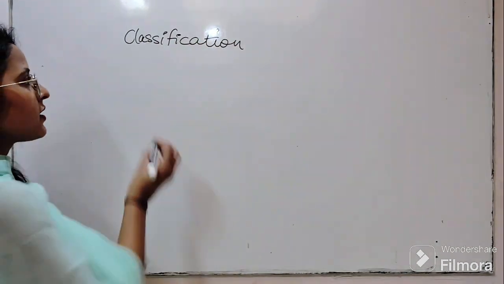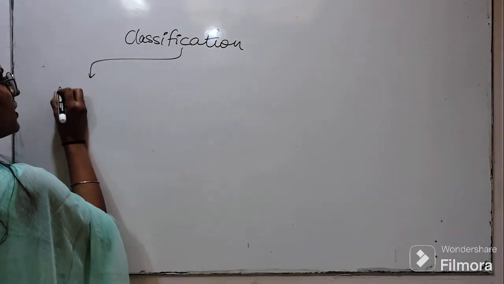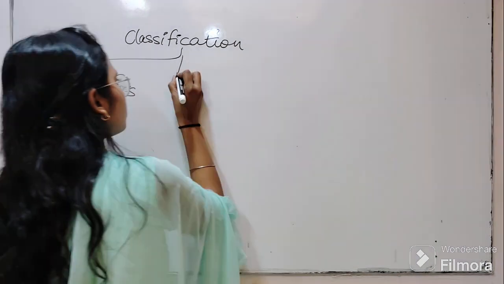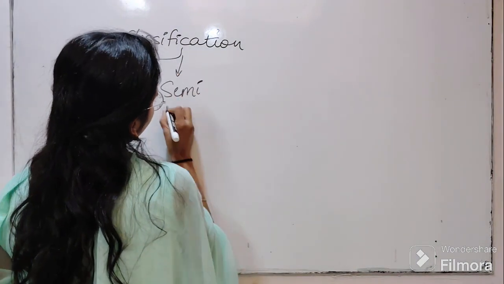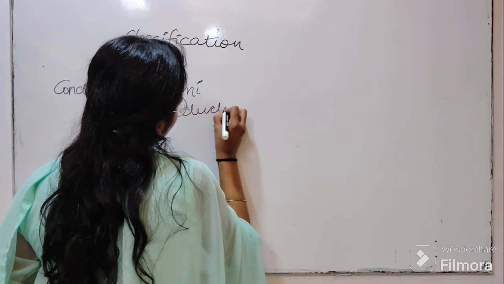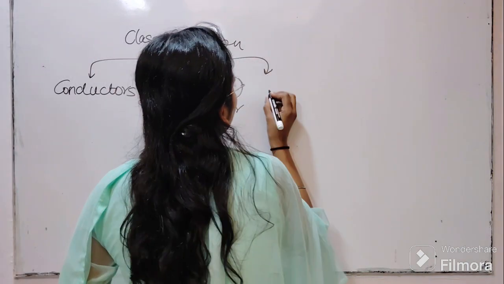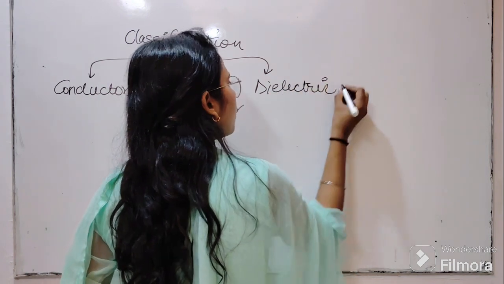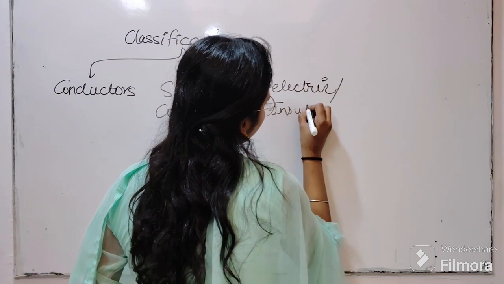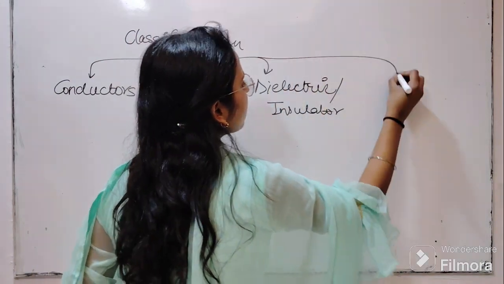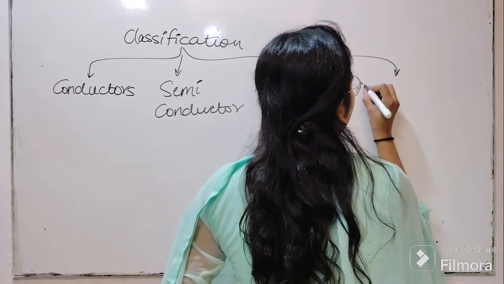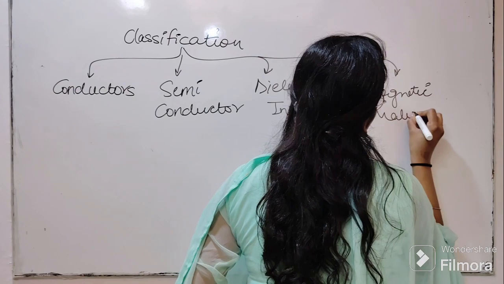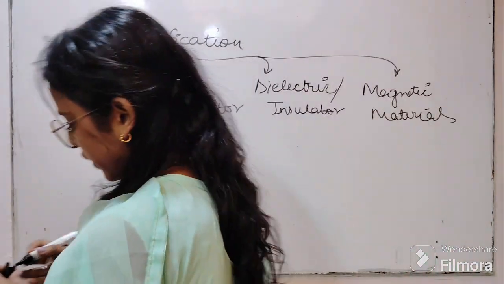Electrical engineering materials are classified into four types: conductors, semiconductors, dielectric or insulators, or we may call it magnetic materials. These are the four types in which our electrical materials are classified.